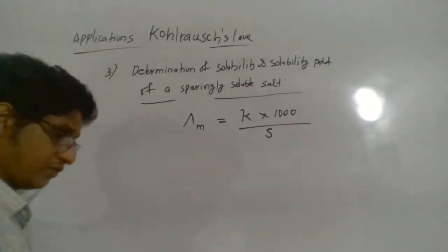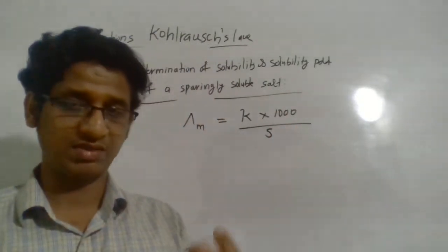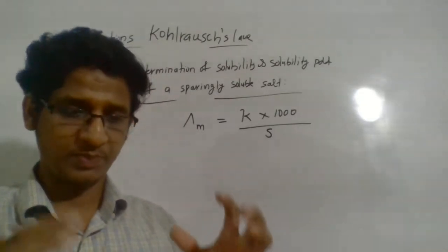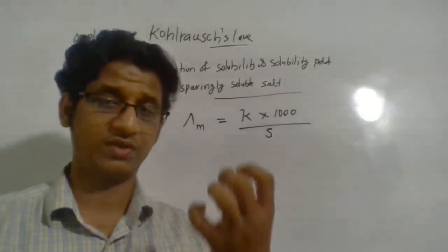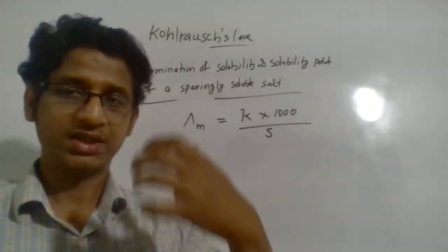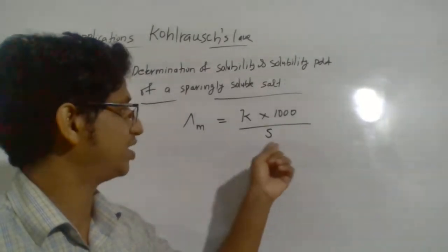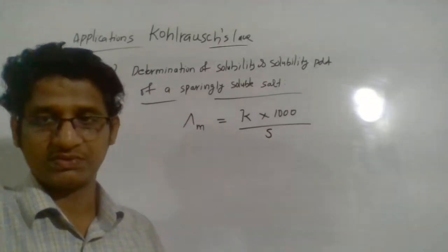What we mean by solubility is the concentration of ions, the concentration of both cation and anion. So if you have the solubility value, how much concentration of cation is there, how much concentration of anion is there, that you can correlate with the molarity. Instead of molarity you can put this solubility value, S value.